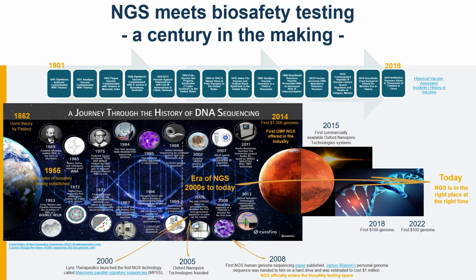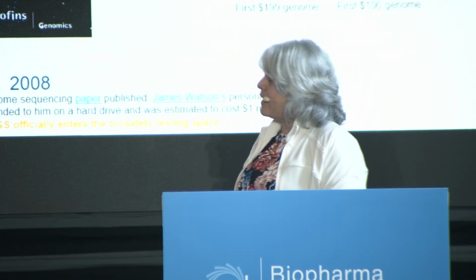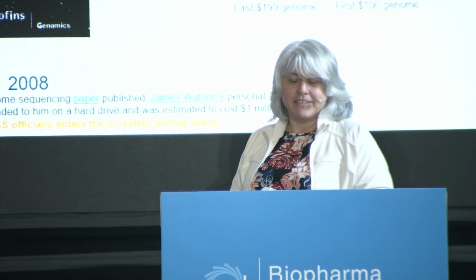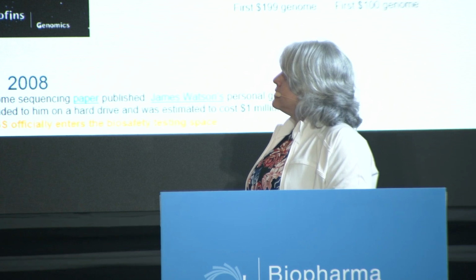So at the very top of this is actually a timeline from 1901 to 2018 with some critical events in the world in which manufacturing or the application of therapeutics have had actually a rather negative impact on some patients. And in fact, it has led to multiple deaths.